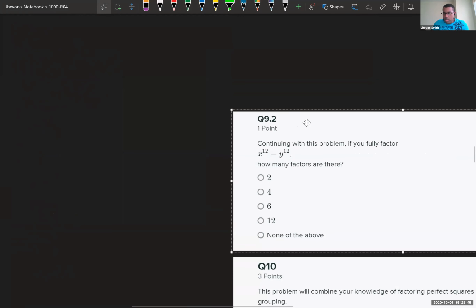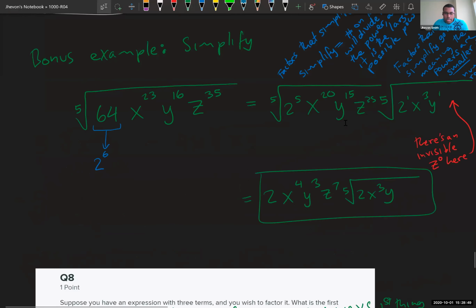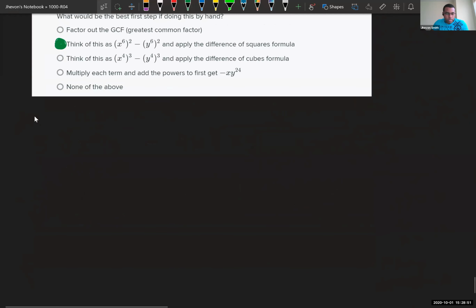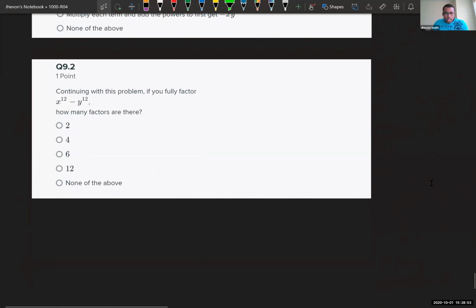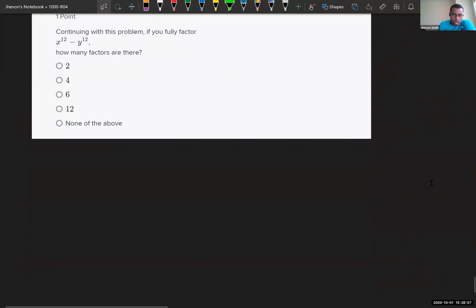Now 9.2 actually had you try to factor it fully, and then tell me how many factors you had. So here we're going to go through the process of factoring x to the 12th minus y to the 12th. And as was from the first part, the better option is to look at it this way.